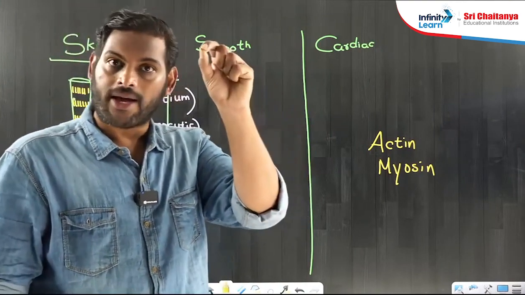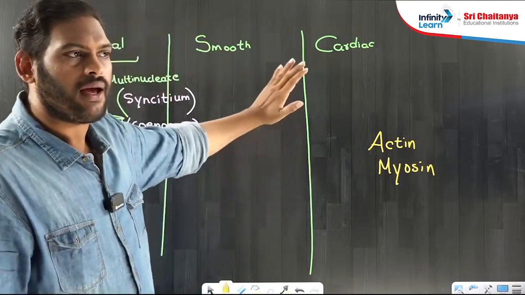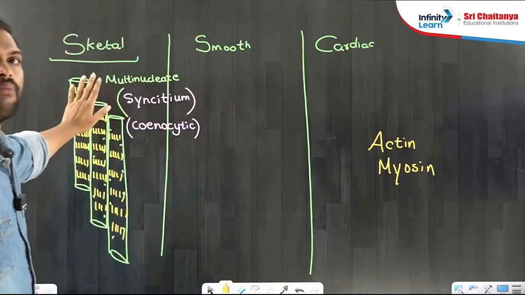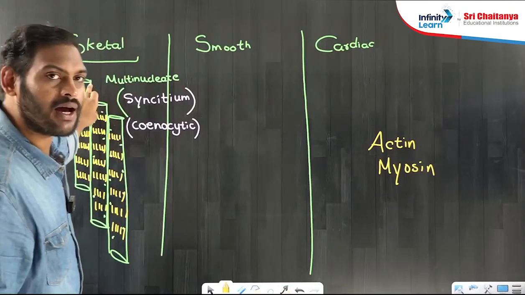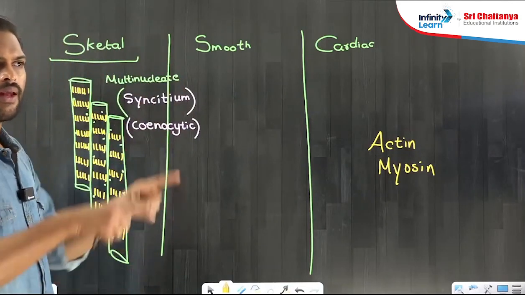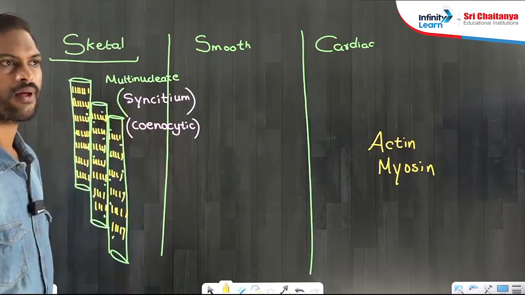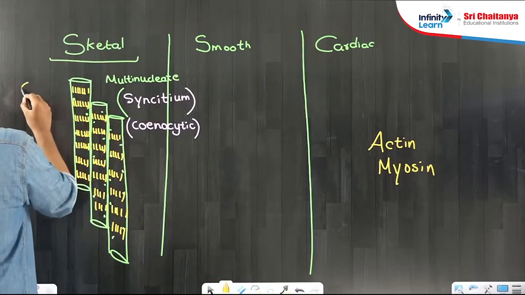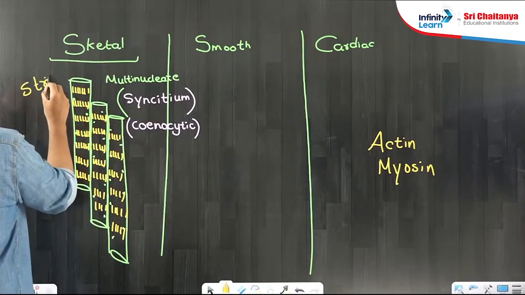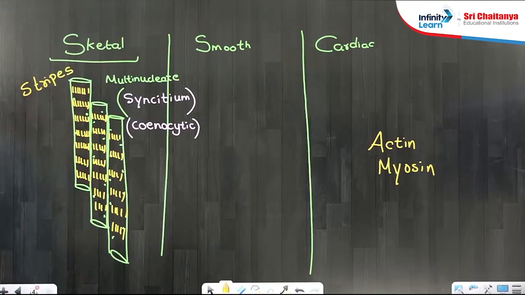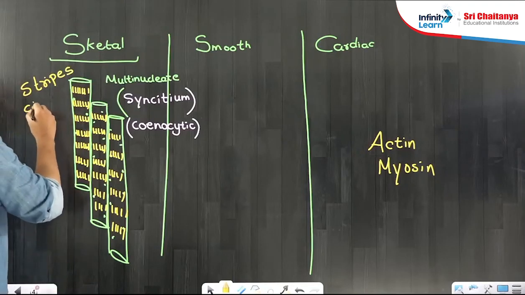Because of the arrangement of actin and myosin like that, if you observe this muscle cell under a microscope, you will see lines. These lines are referred to as stripes, or we can also call them striations.